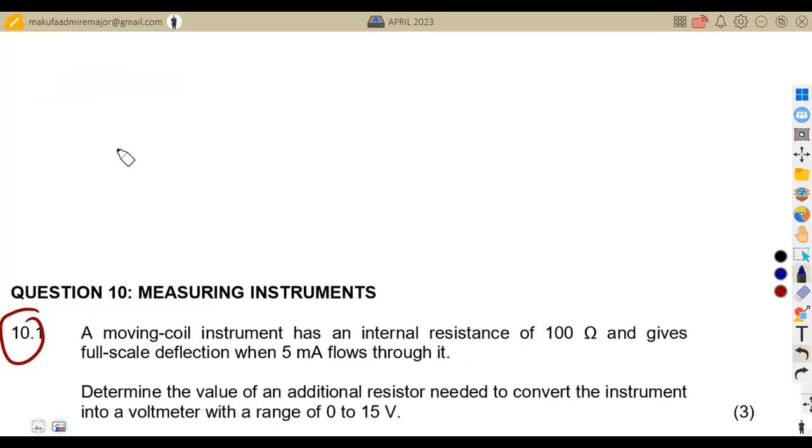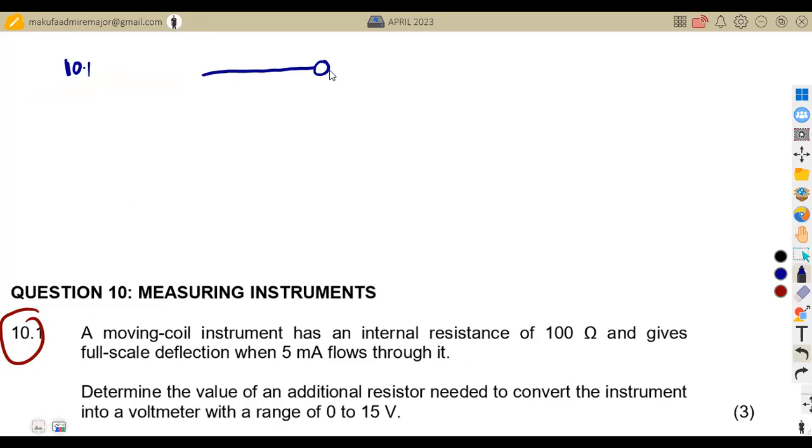Whenever you're dealing with this condition, check the measuring instruments in the industrial electronics N2 videos, where I've explained the measuring instruments questions. Try to grasp a lot from there. On a measuring instrument, you have the meter.